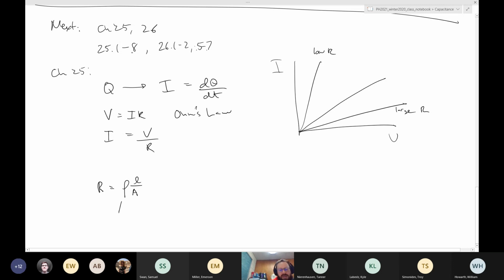Okay, where this is something called the resistivity. This is the area, and this is the length. The area and length of what? Well, imagine a wire or a cylinder of some material that has some area, some length, and it's made out of material that has a certain resistivity.